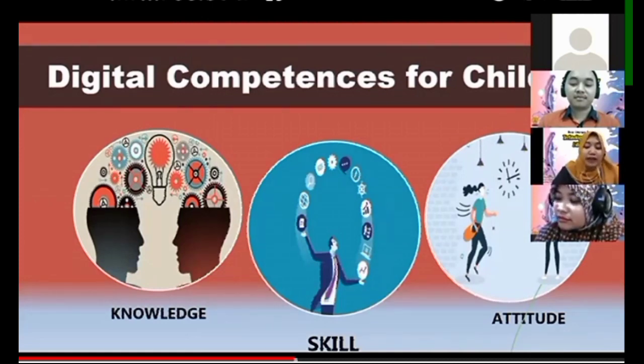Because children might have the skills to complete a digital task, but they don't have the knowledge about the context or even the skill in performing that task. Another reason why those three dimensions are important is that they can help in adapting digital literacy frameworks into educational curriculums, which are normally based on those dimensions: knowledge, skills, and attitudes. Next, please.